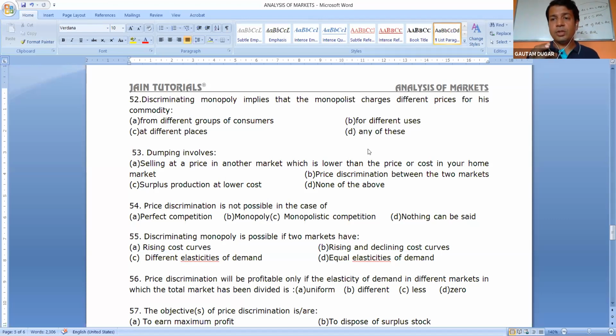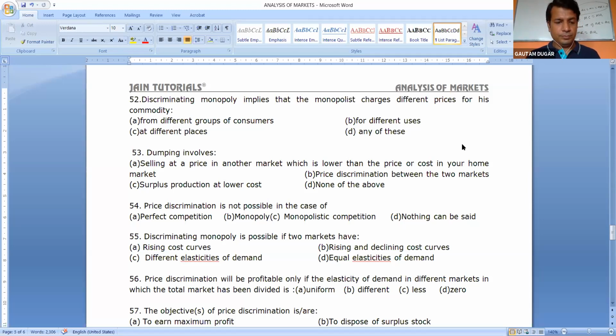When the product of the domestic country is being sold in a foreign country at a lower price, it is called dumping. Why is it done? In order to destroy the local market of that foreign country, in order to capture the domestic market of that foreign country, dumping is practiced.